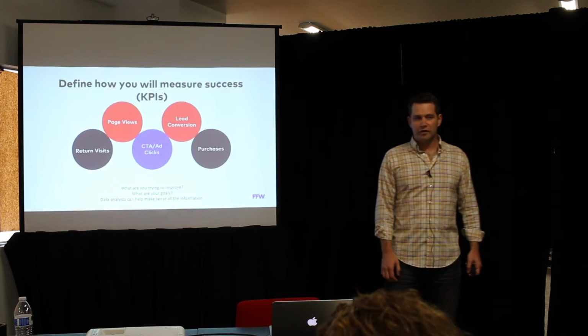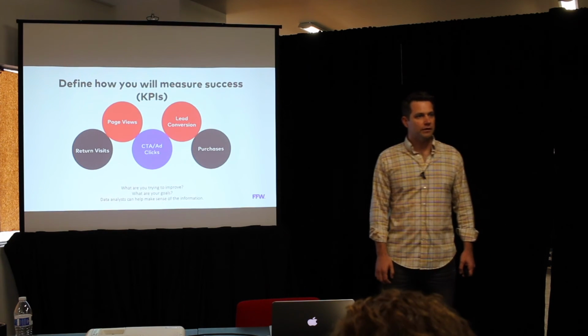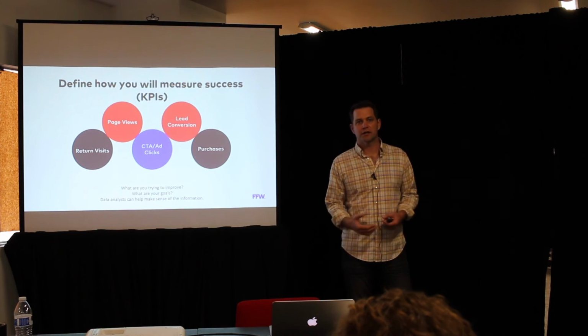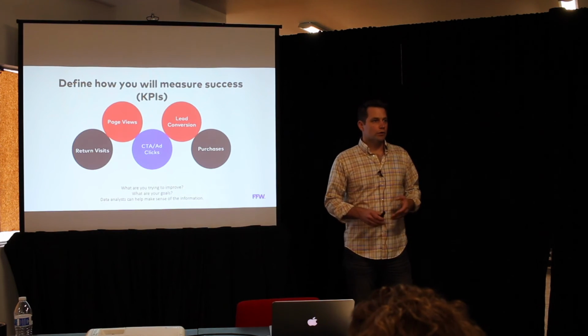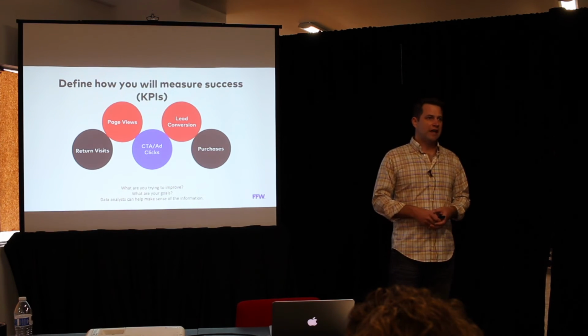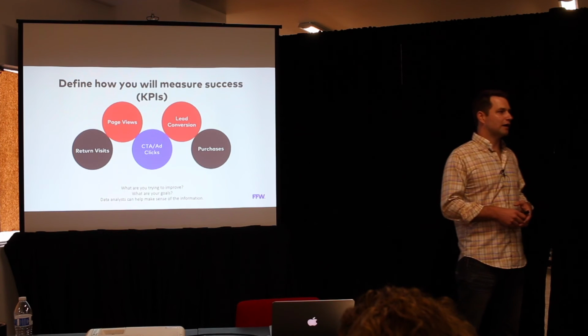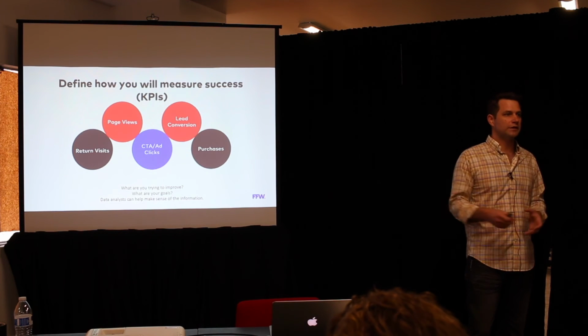One of the biggest mistakes that I find when talking to organizations of any size is that they don't really have any key performance indicators. When you're creating any type of campaign, you need to start looking at the KPI and identifying some sort of performance indicator.